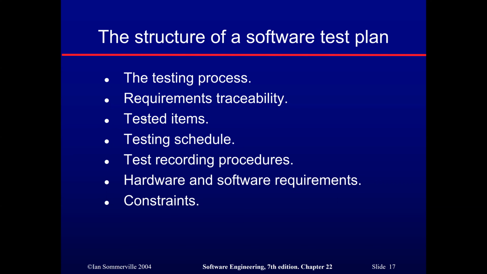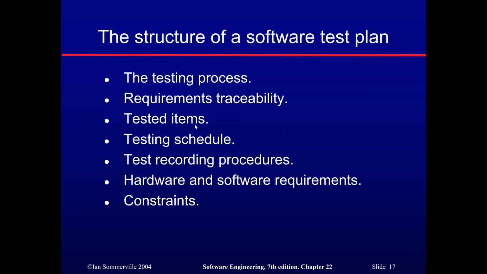When you plan a test, you have to explain the process. You have to look at the requirements traceability to specify what requirements this test is concerned with. Tested items: which items should be tested?